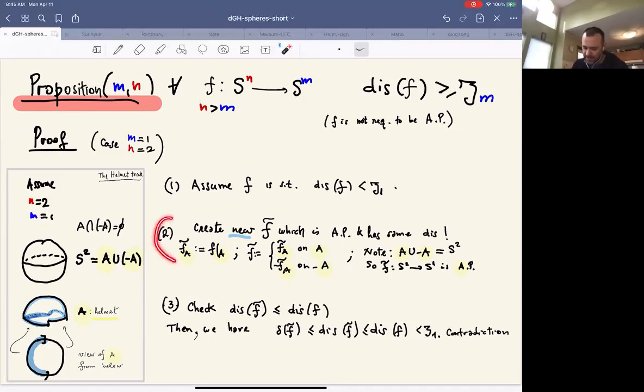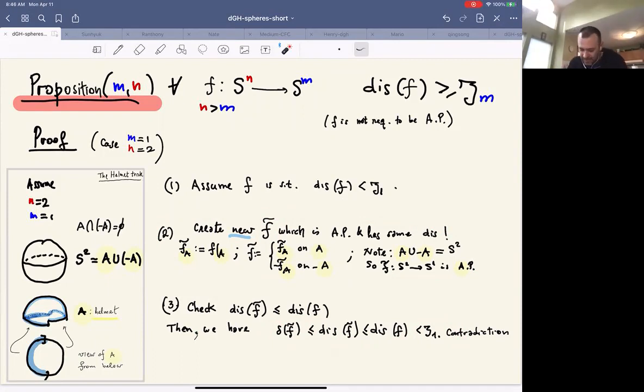I'm going to tell you in a minute how we might achieve that. But given this f tilde, its distortion is upper bounded or equal to the distortion of f, and the modulus of discontinuity of f tilde is upper bounded by its distortion by the lemma in the previous slide. And this is bounded by the distortion of just f, which we assume is bounded by zeta1. So this contradicts the theorem by Dubins and Schwartz.